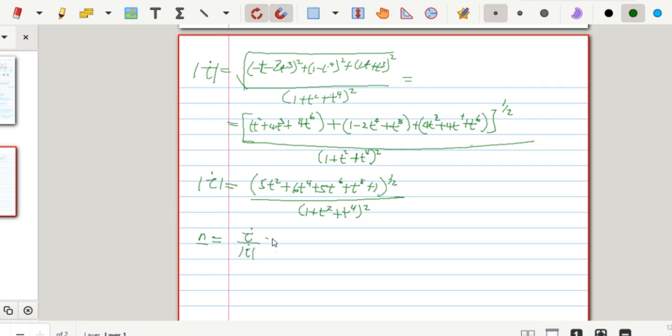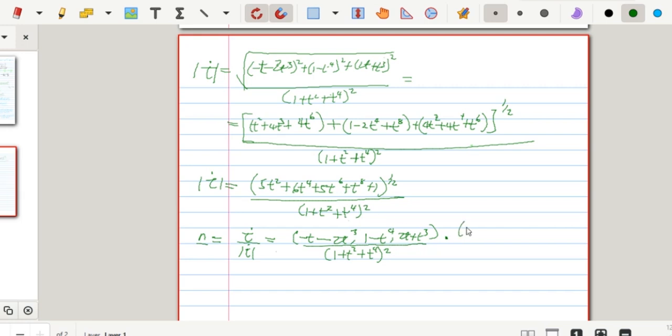Now remember our formula for n is given as what? This. So we found this and we found this. So to finalize now, this is going to give us minus t minus 2t raised to the power of 3, comma 1 minus t raised to the power of 4, comma 2t plus t raised to the power of 3, divided by 1 plus t squared plus t raised to the power of 4 all squared. Then this is now multiplying this divided by this now.